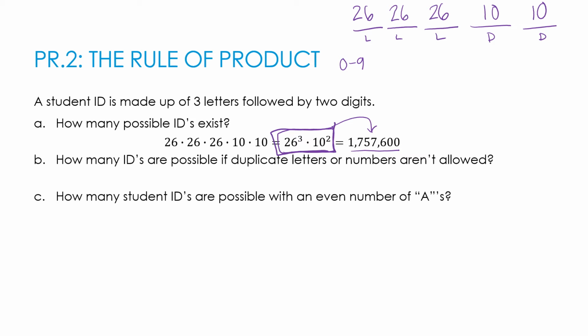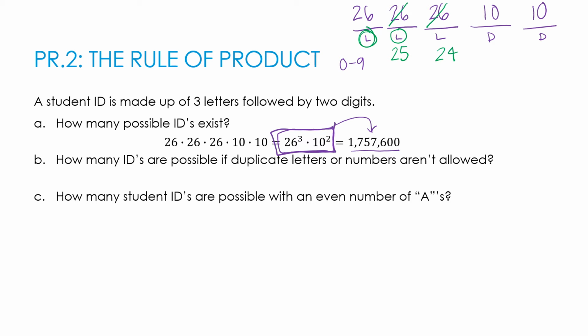For B, it says how many IDs are possible if duplicate letters or numbers aren't allowed. So let's take a look at how my little display at the top might change. If I have 26 letters for my first option, then my second option is now 25 letters because I can't use whatever letter I used here. And then my third letter, I only have 24 options because I can't use whatever letter was second or first.